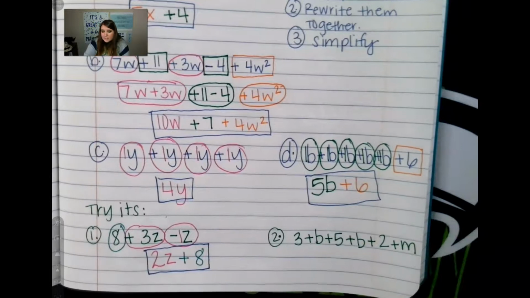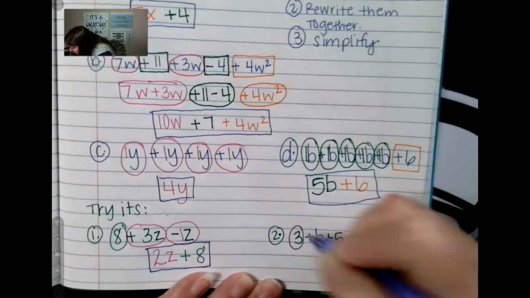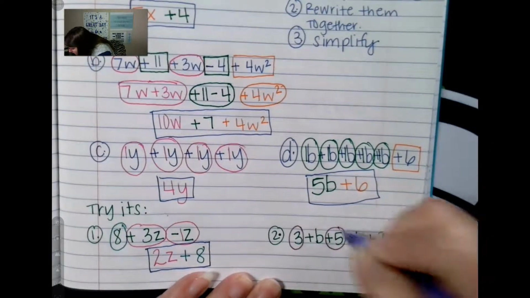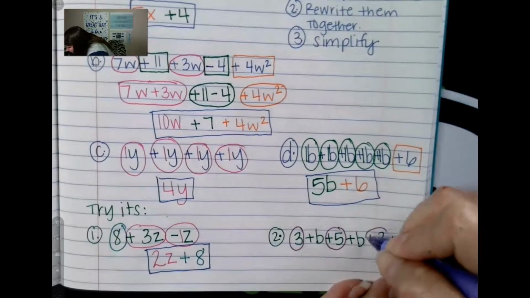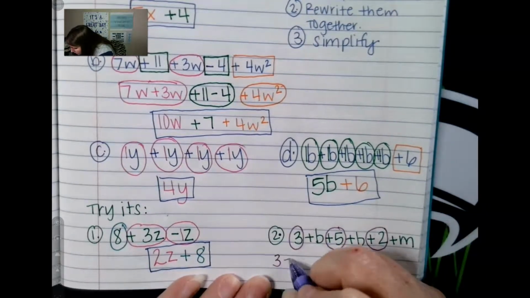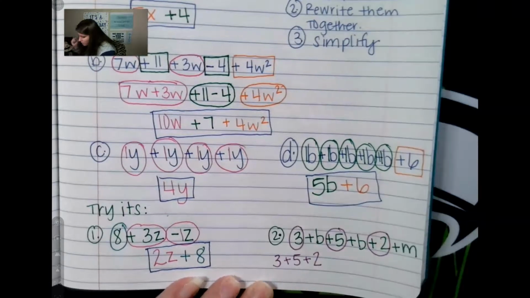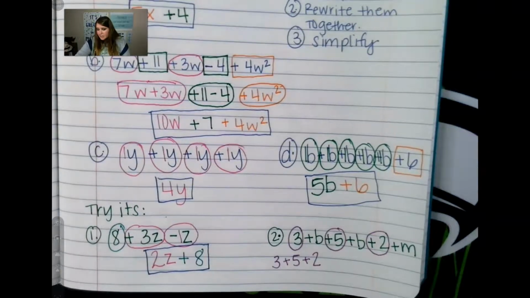All right, this next problem, let's circle the things that are the same. I have a 3, I have a 5, there's another constant, and I have a plus 2. I'm going to put those together. So I have a 3 plus 5 plus 2. All those constants are together. All right, now I'm going to go for my letters.